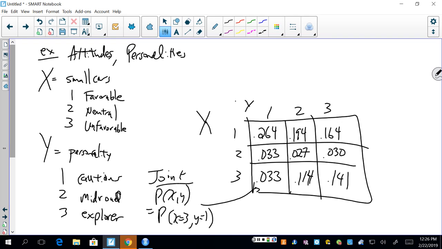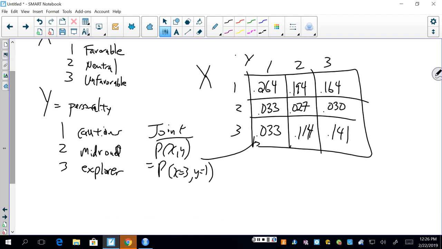And if we add across rows or down columns, that's doing the summation to get a margin. So if we add down this way, the probabilities for the different y outcomes are going to be down here. If you add down these columns, these three things add up to 0.330.